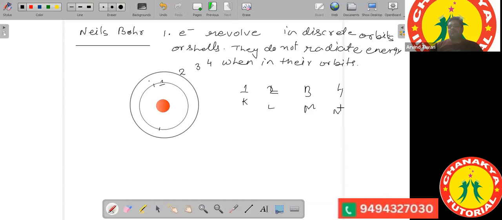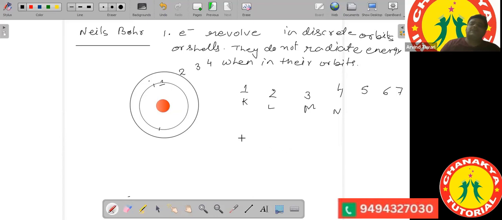The fourth orbit was called N, and so on. These were the names of the orbits. You can call them 1, 2, 3, and 4. So these are the shell numbers, or orbit number 1, orbit number 2, orbit number 3, and orbit number 4, and so on up to orbit number 7.